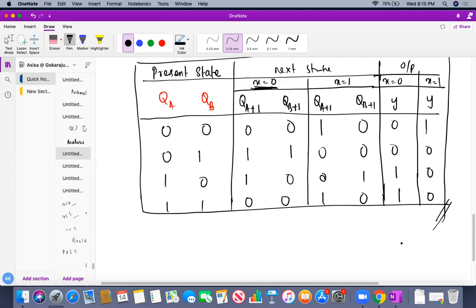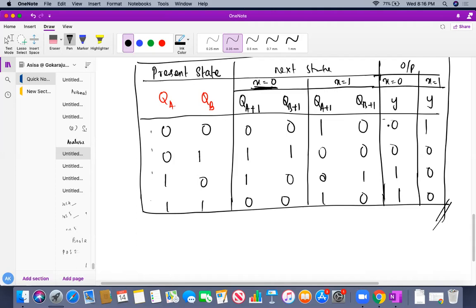My step 2 is: can we reduce the number of states? Here how many states are there? There are 4 states. Can you reduce it? How to reduce it? Remember, if the present state, next state and output in a row are similar, then you can cut one of these states.